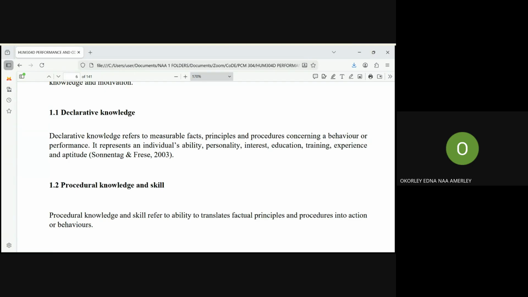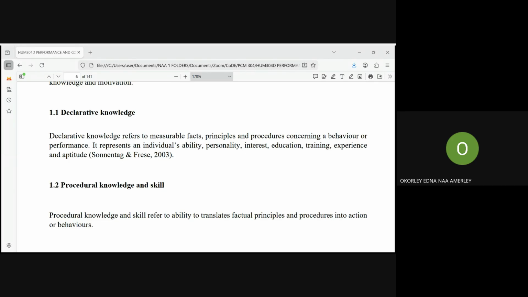So these are things that people can declare: okay, I have this knowledge, I have these skills, I have this level of education. That is what Sonitag and Fraser 2003 are referring to.